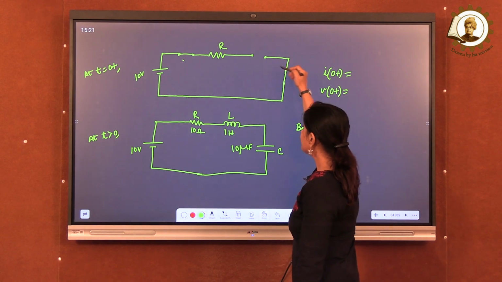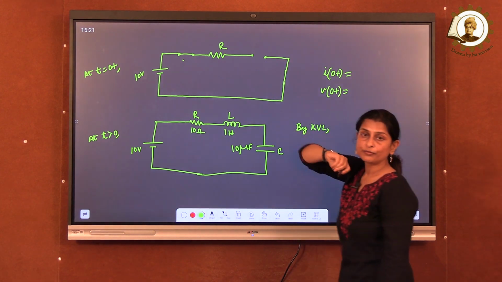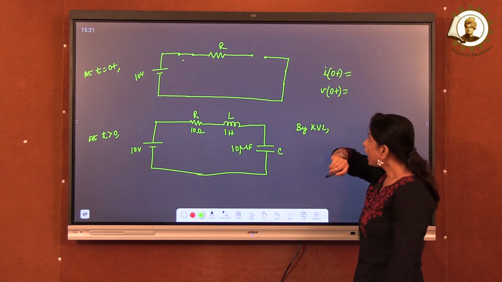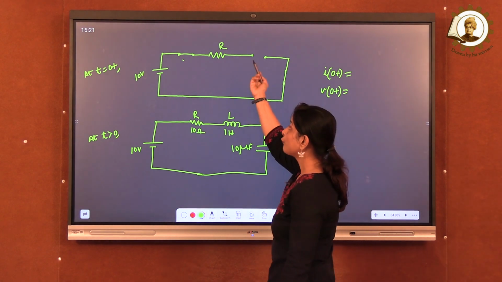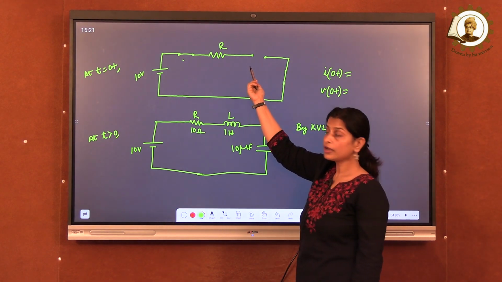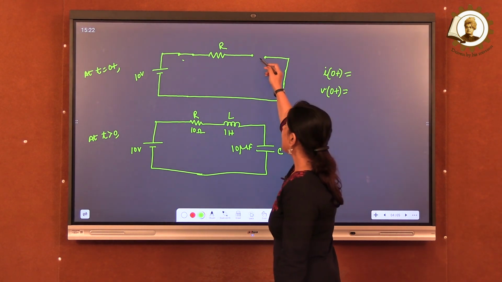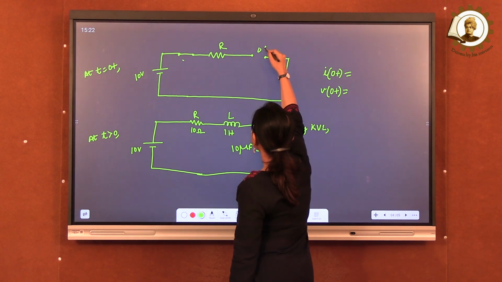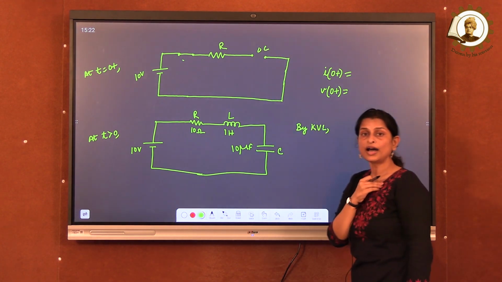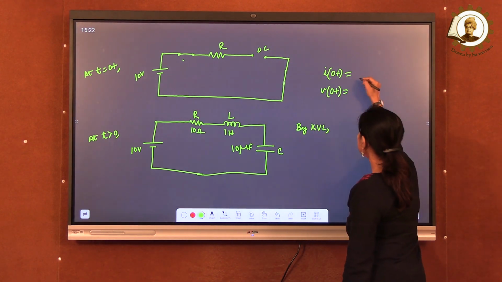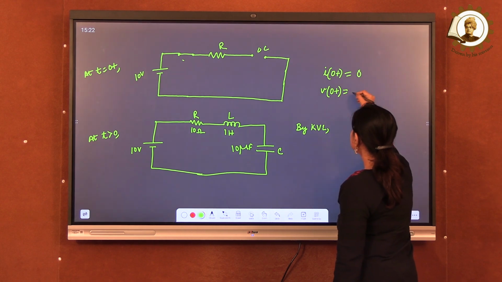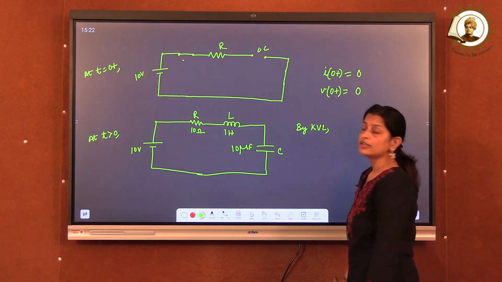The inductor will be open circuited and the capacitor will be short circuited. Now we have to find the current in the network and the voltage. Obviously as there is open circuit, no current will flow through the circuit. So I0 plus will be 0 and V0 plus will also be 0.